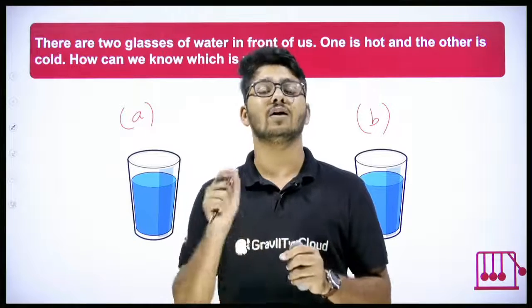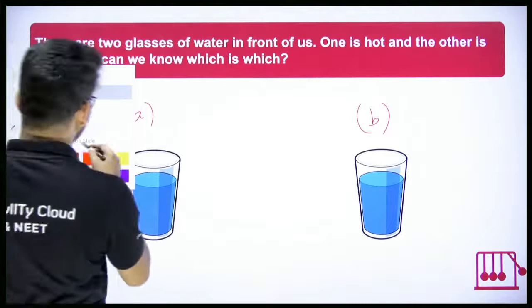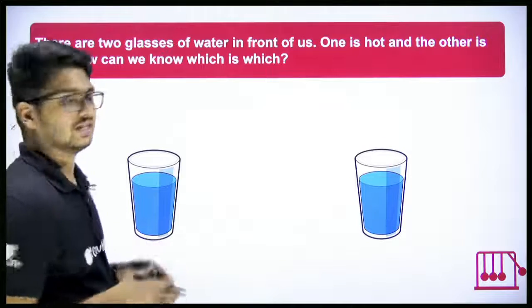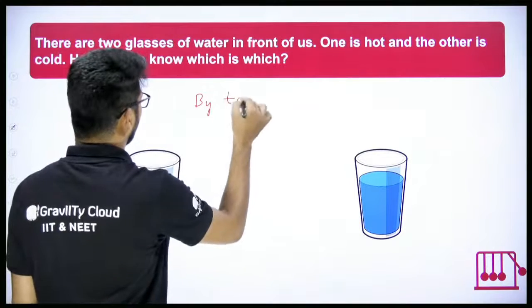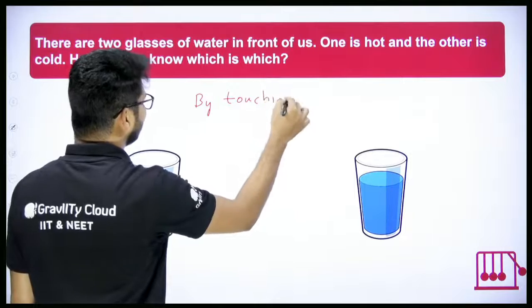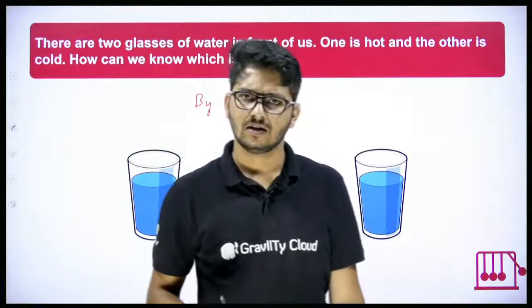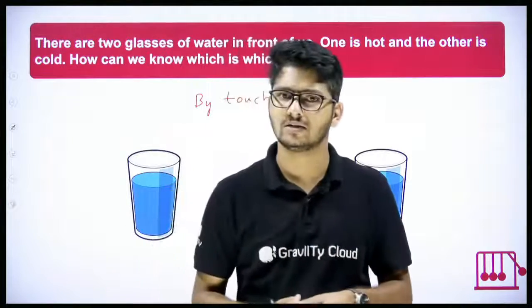So touch can be a useful tool to understand whether a given object is hot or cold. Okay, that's good. But is it always reliable? That means, by touching, can you always tell how hot an object is?